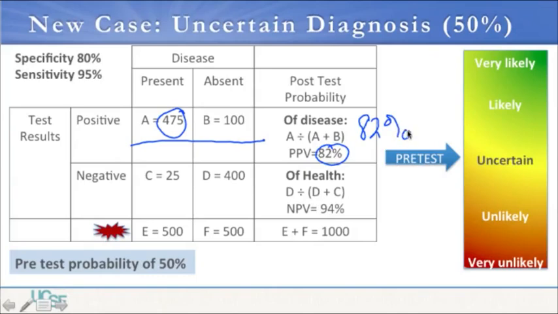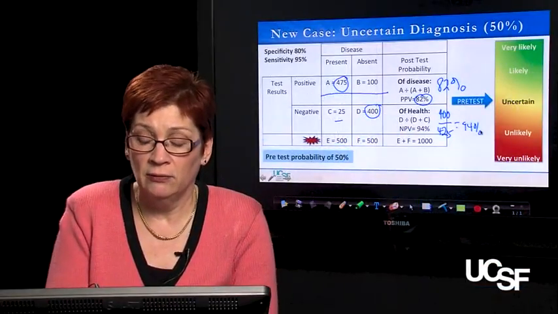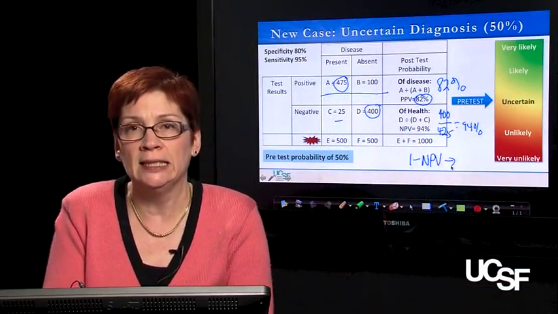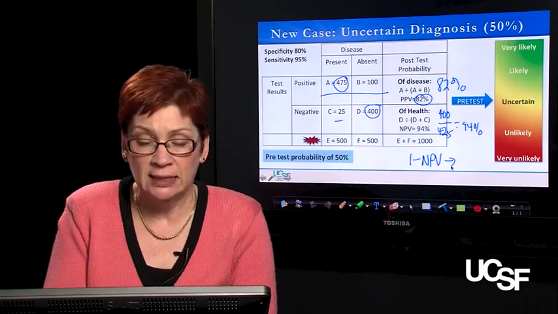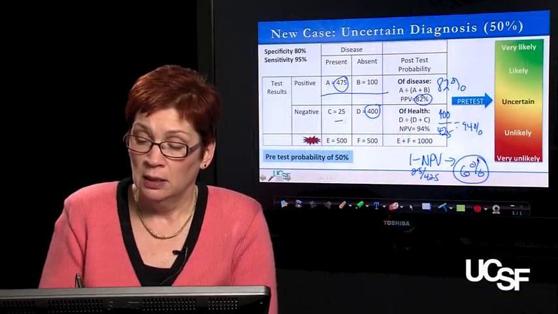And then our post-test probability of health, or negative predictive value, is 400 divided by 425, D plus C, and that's equal to 94%. And remember, we like that statistic of 1 minus the negative predictive value, because that tells us how likely disease is even if the test is negative, and that would be 25 over 425, and that represents 6%.